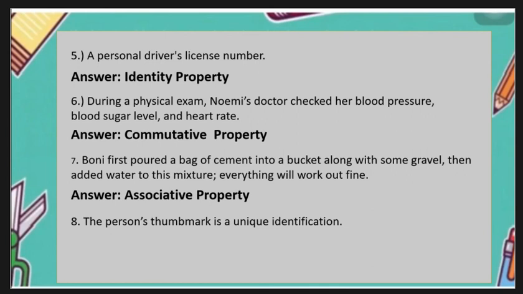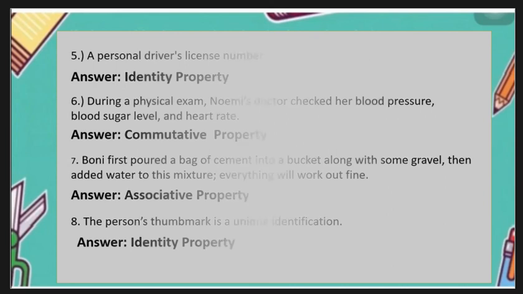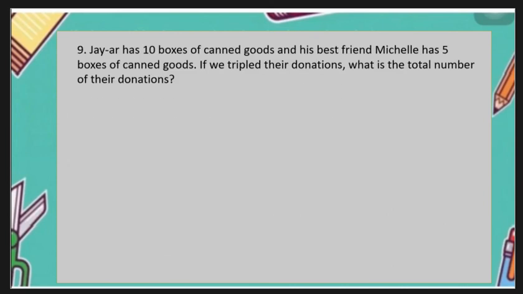This is, okay, identity property. Next, we also have JR has 10 boxes of canned goods and his best friend Michelle has 5 boxes of canned goods. If we triple their donations, what is the total number of their donations? What kind of property? Okay, so this is distributive property.